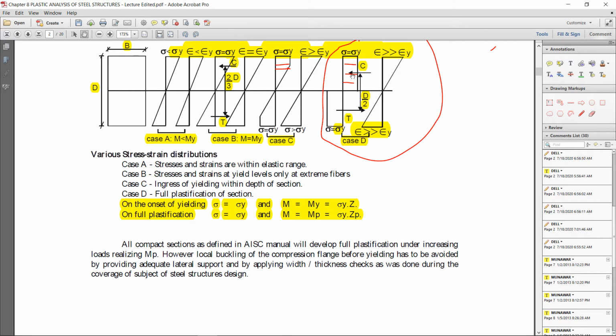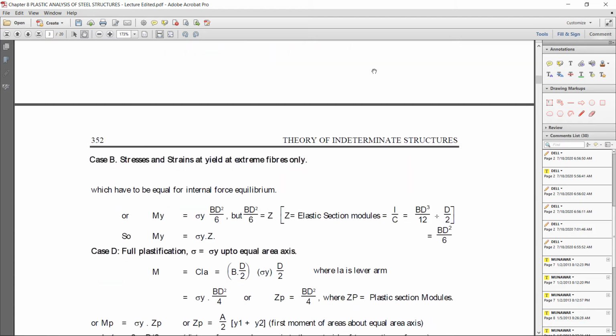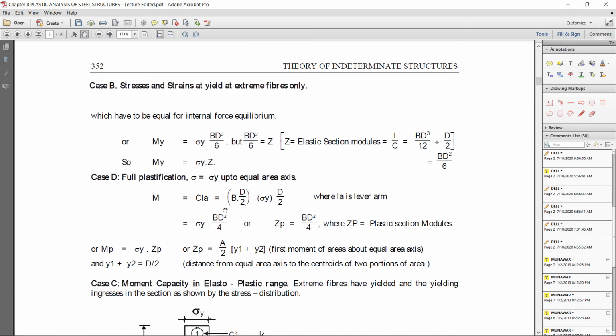This is because the whole section has gone under plastification, so the force will act at the center. The total distance is D, and the half distance will be D by 2. That's why it is multiplied with D by 2.